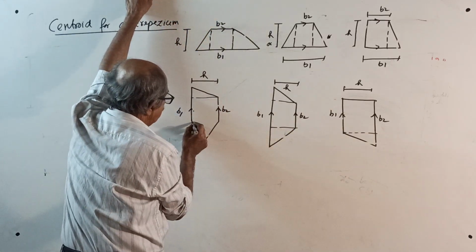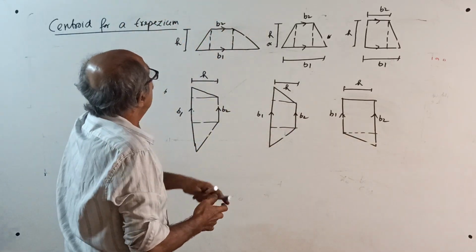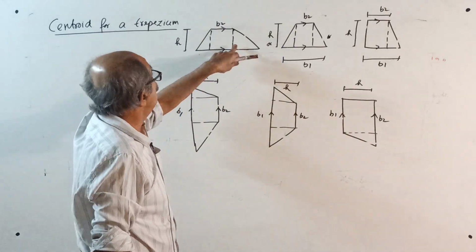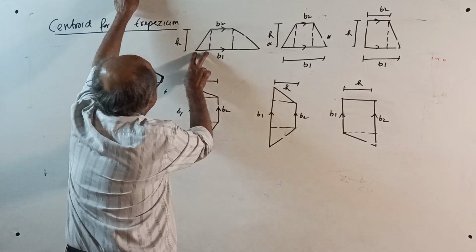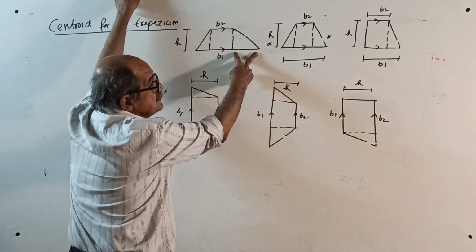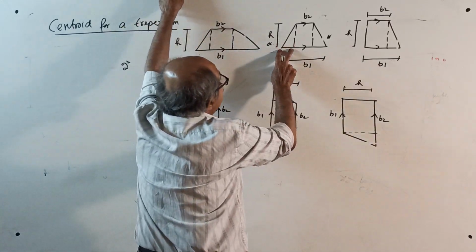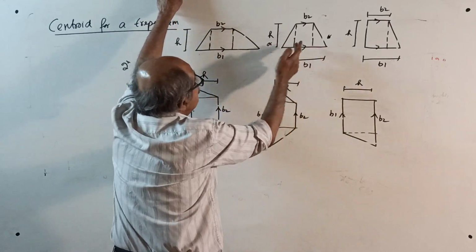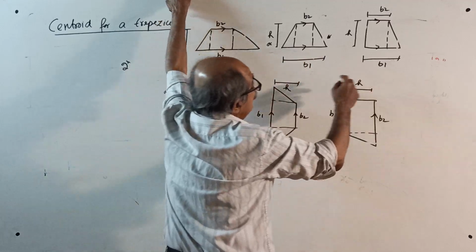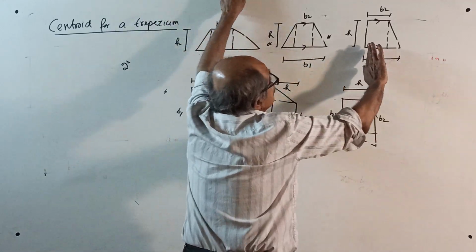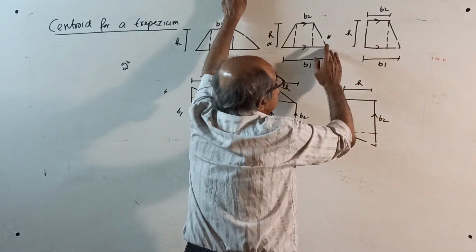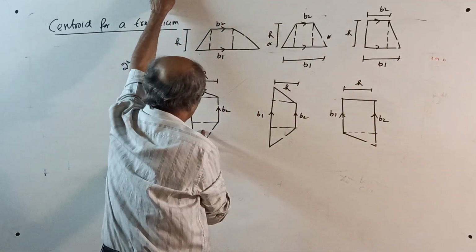I will tell you what this one is. See, a trapezium where if you divide into parts, this distance is not equal to this distance. Or these two offsets are equal, which is the symmetrical case. Or only one side projection is there, any side. B1, B2, same thing here.